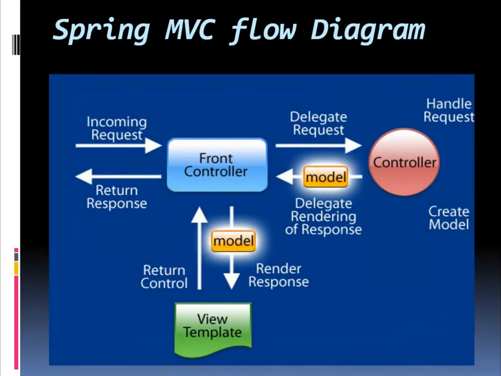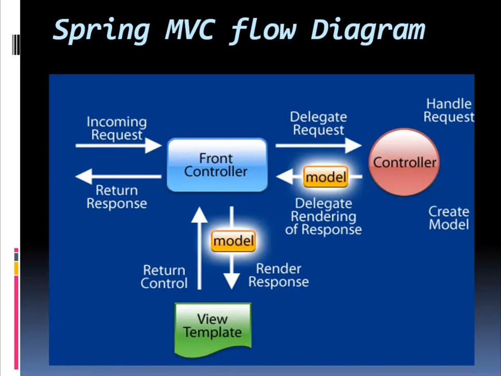This is also a flow diagram. This is the front controller or the dispatcher servlet. All the incoming requests first go to this front controller. From the front controller, it delegates the request to the particular controller which is responsible for handling this request.